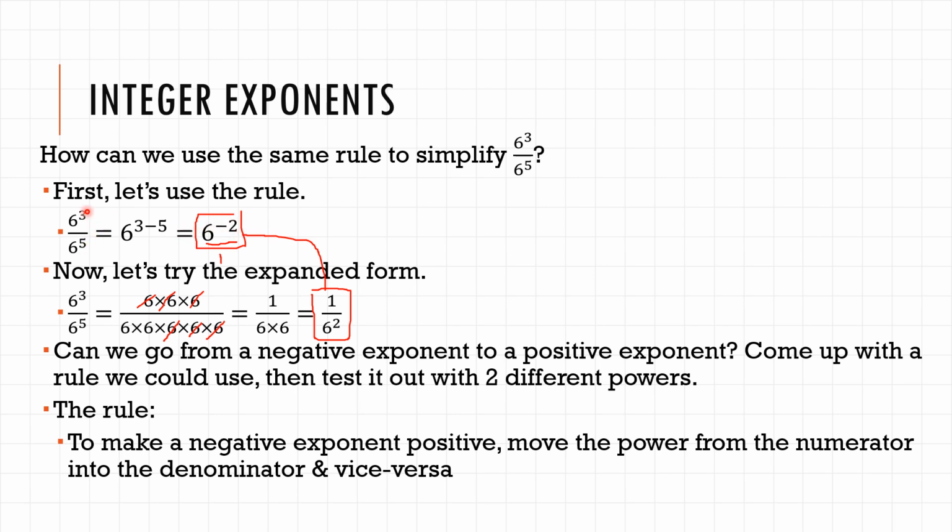So 3 is 2 less than 5, right? We could write it like this, and then we could turn it into its expanded form and cancel stuff out. And remember, because we've always left 2 more on the bottom, we will end up with 2 more over here in the denominator.